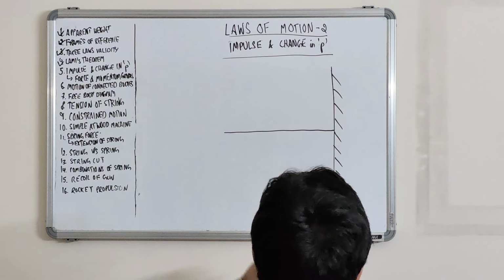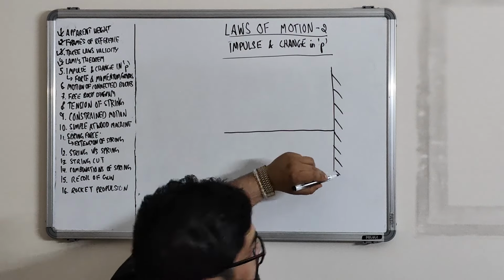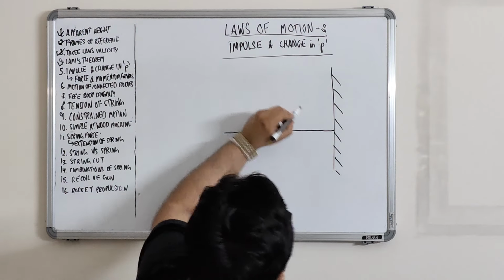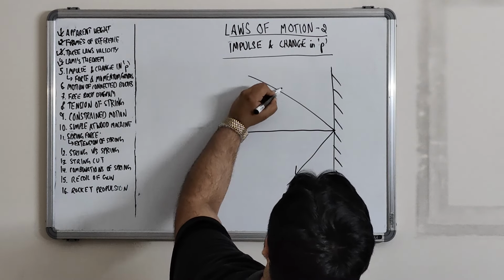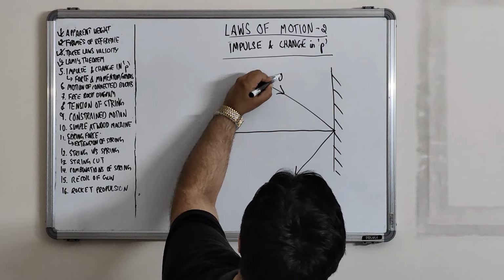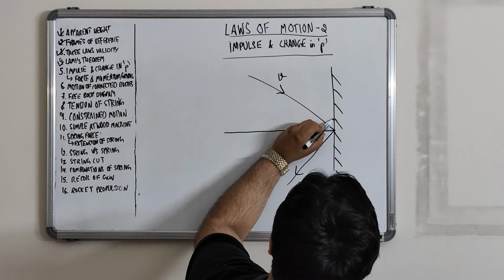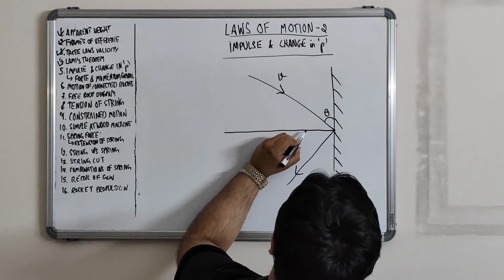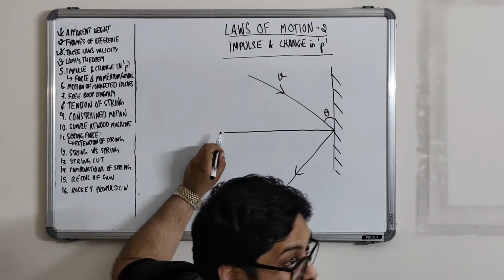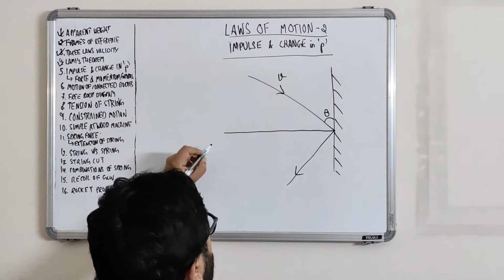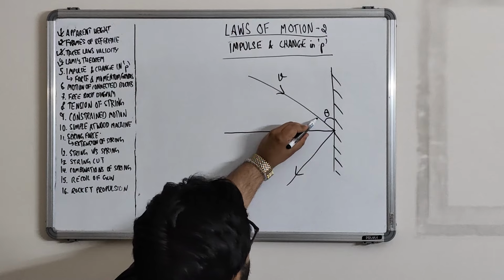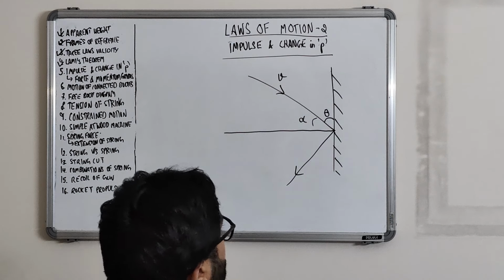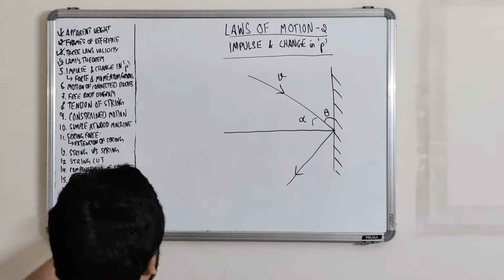So imagine this is a wall, and the wall is getting struck by a ball. It has some velocity v. The angle with the wall is theta, and the angle to the normal, this is the normal to the wall where the ball is striking, is alpha.